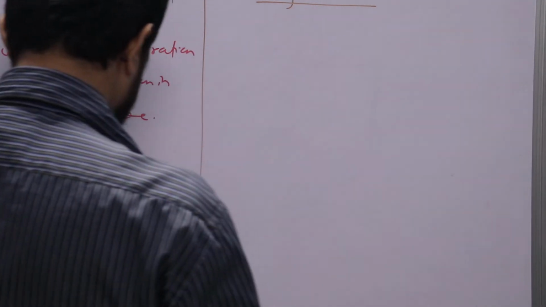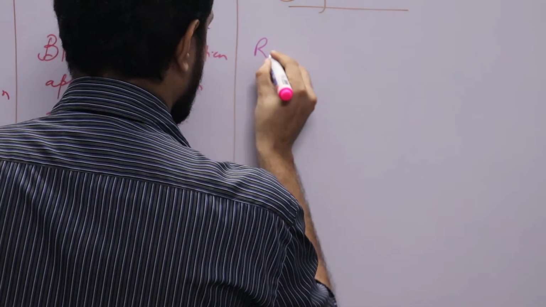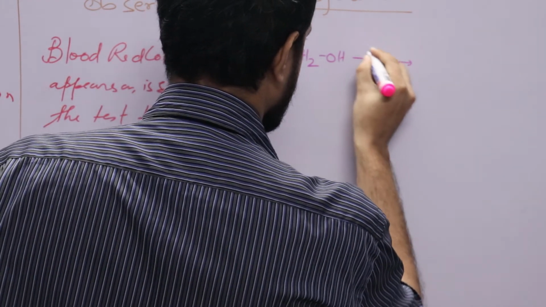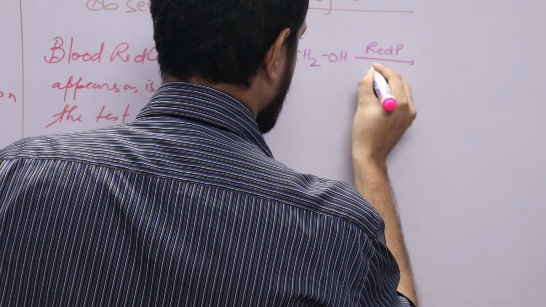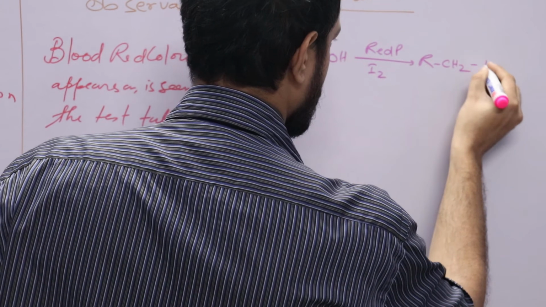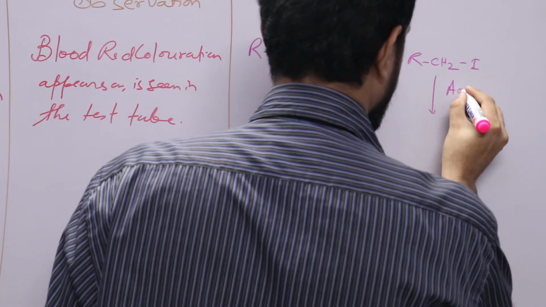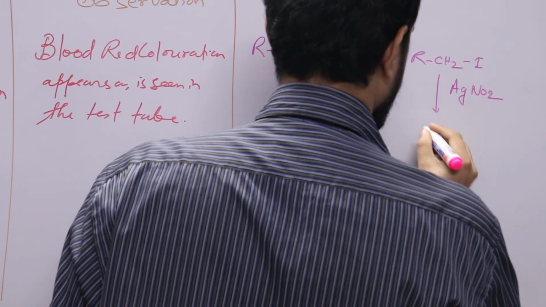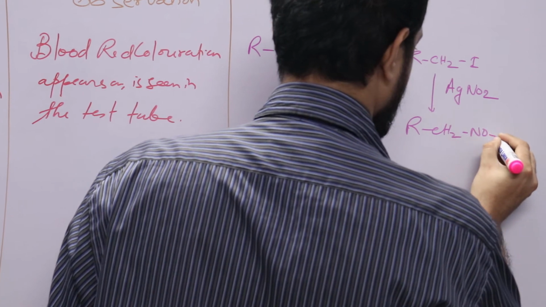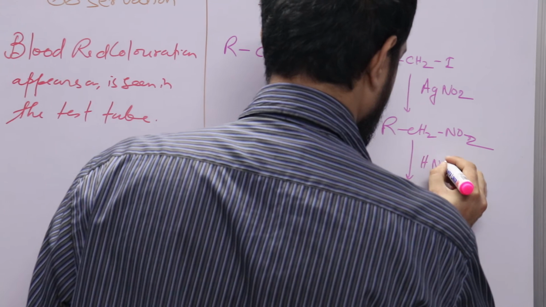Suppose this is our 1 degree alcohol. To it AgNO2 is added, and to it HNO2 is added.